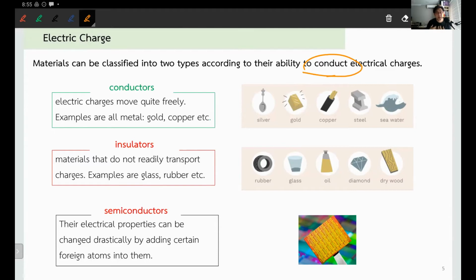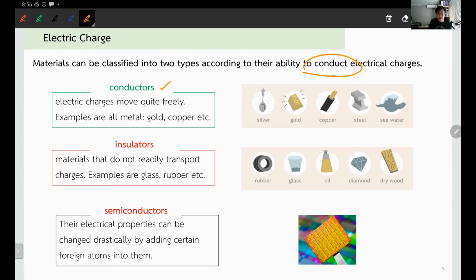Actually, I can be more specific. Mostly electrons, because electrons are usually the particles that actually move, right? The nucleus is so big that usually it doesn't move. So if we classify materials based on how well the electrons can travel in that material, you can classify them into 3 types.